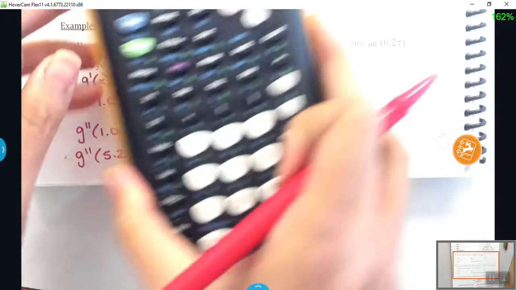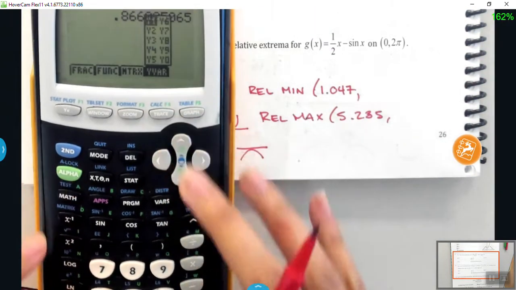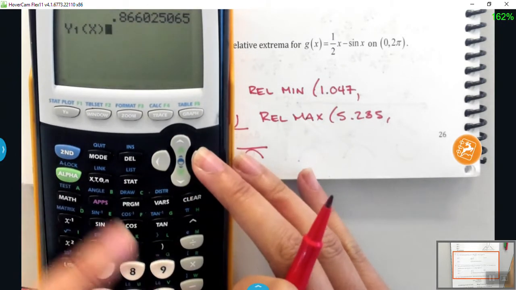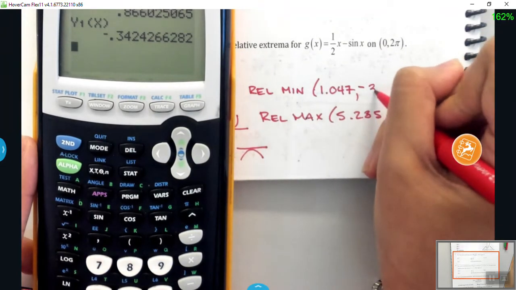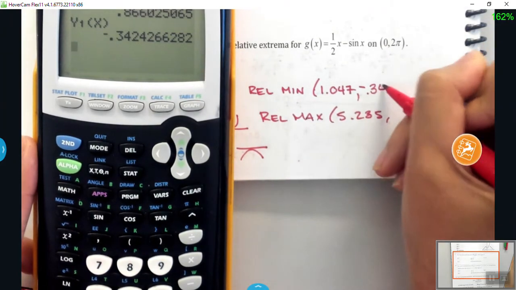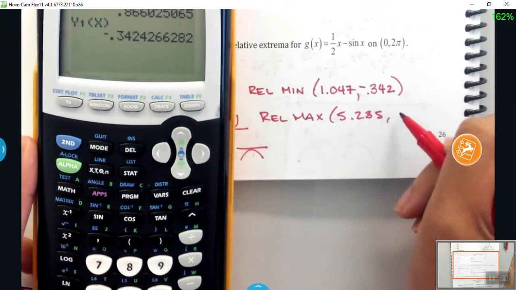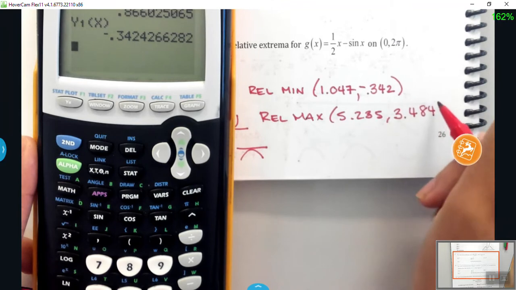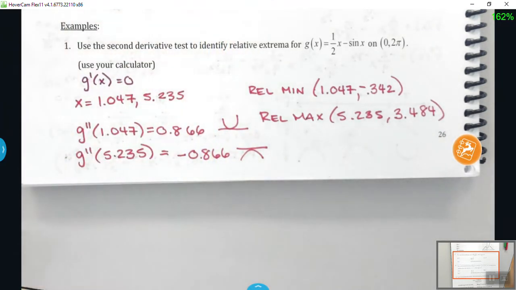Okay, and then if you want to find the y value, it's already in y1, so I can just do y1 with my intersection in. So negative 0.342. Did you do it with yours? Yeah. Okay, cool. Good?